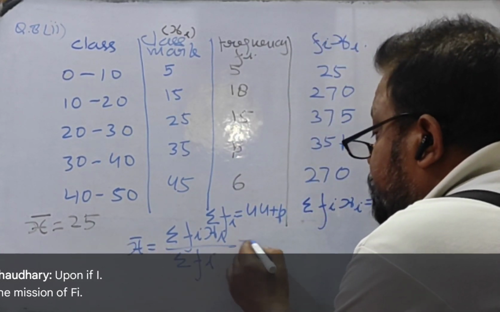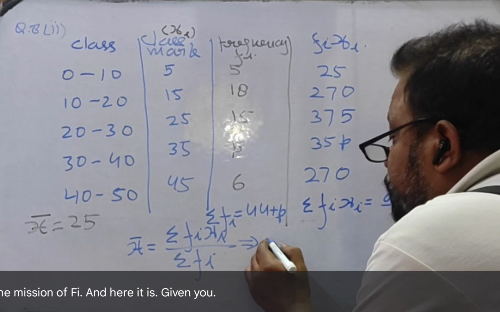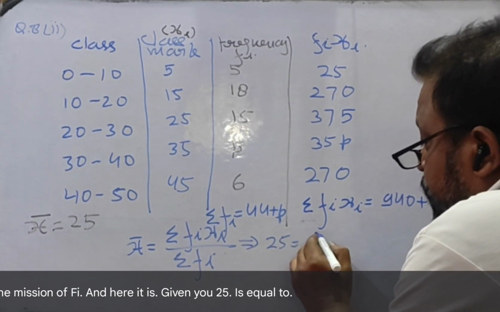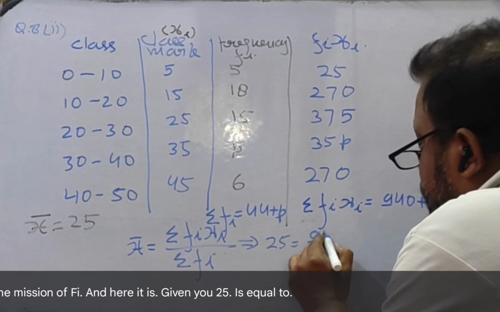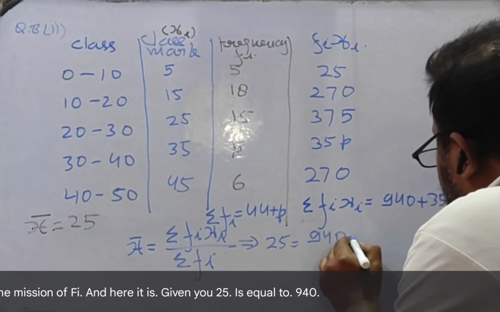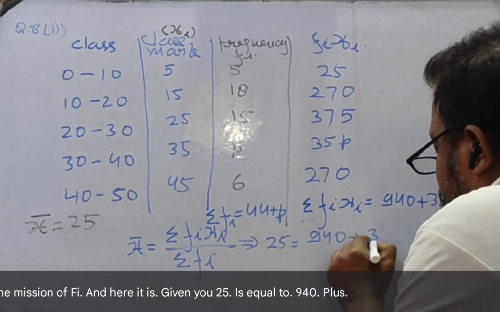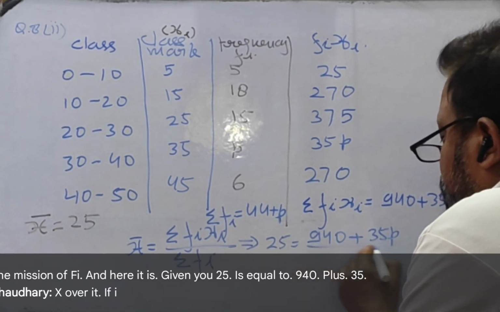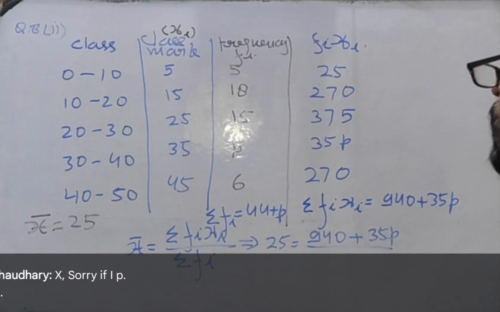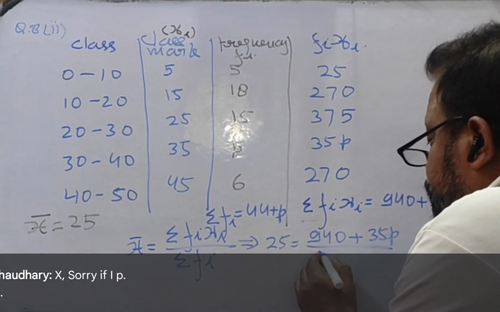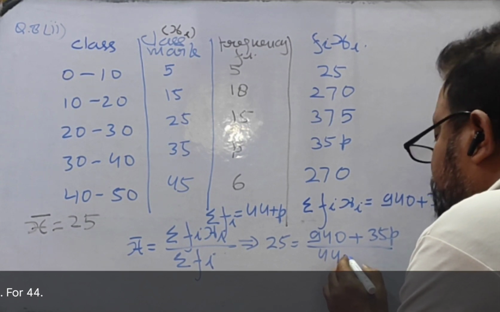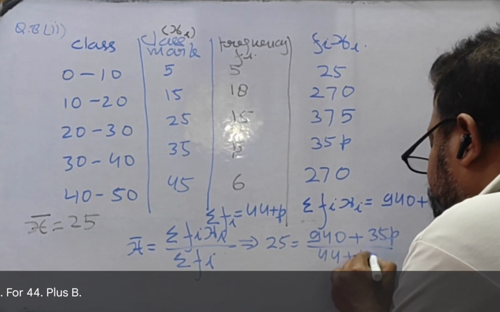And here it is given 25 is equal to 940 plus 35p upon 44 plus p. Fine.